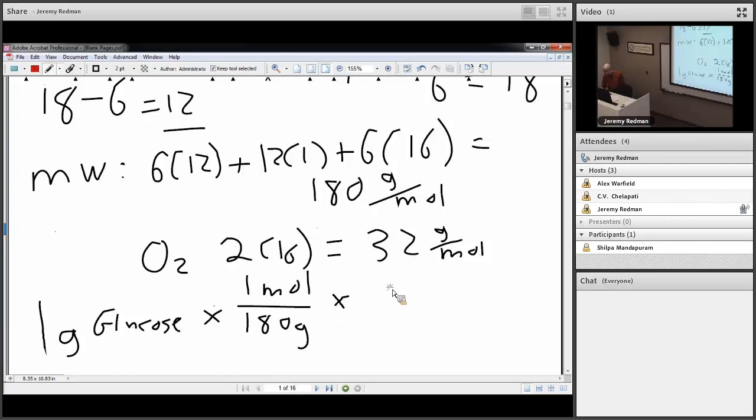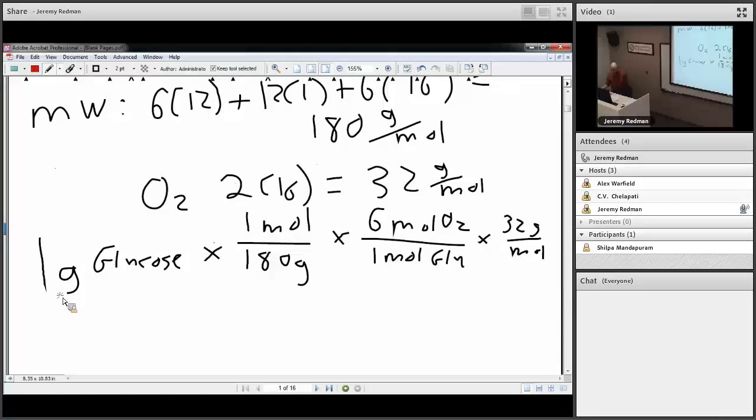Well, times 6 moles O2 for every 1 mole of glucose. And then oxygen weighs 32 grams per mole, times 32 grams per mole. Math, math. We ultimately get that 1 gram of glucose requires 1.07 grams of oxygen.